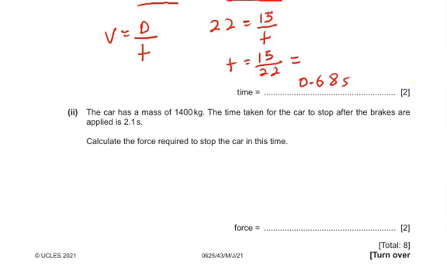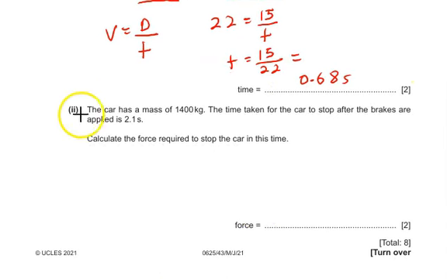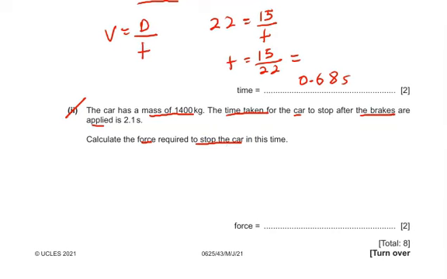Now look at the next one. The car has a mass of 1400. The time taken for the car to stop after the brakes are applied is 2.1 seconds. Calculate the force required to stop the car in this time.